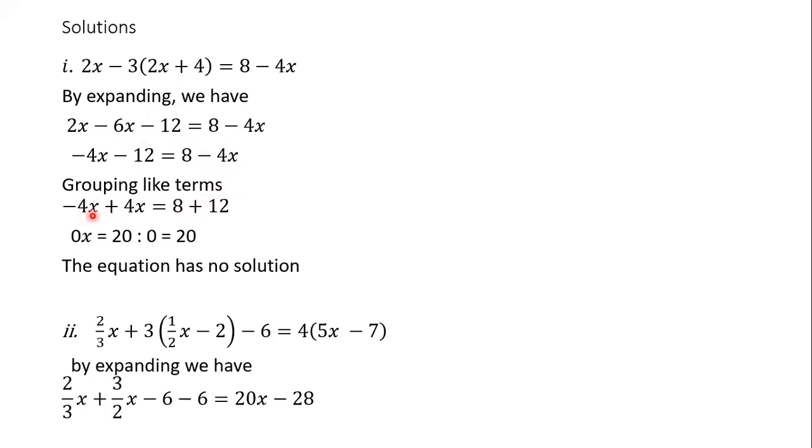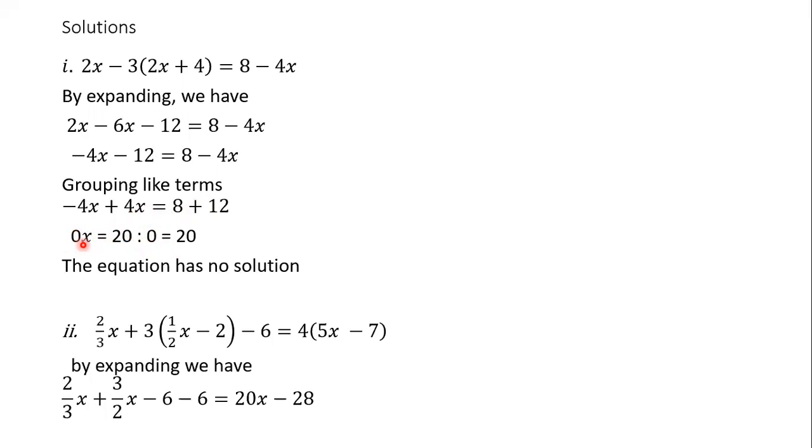So minus 4x plus 4x, we can see it is now 0x equal to 8 plus 12, which is 20.